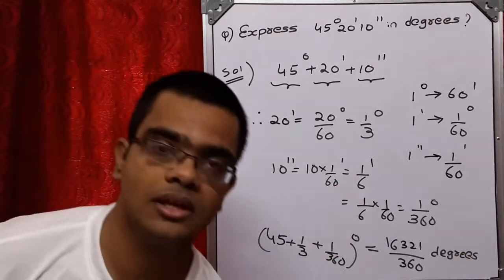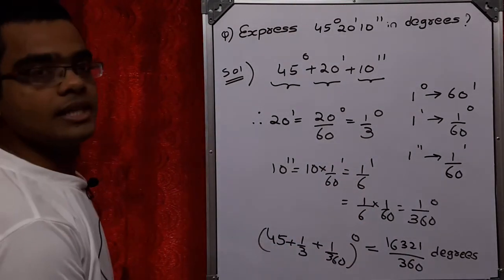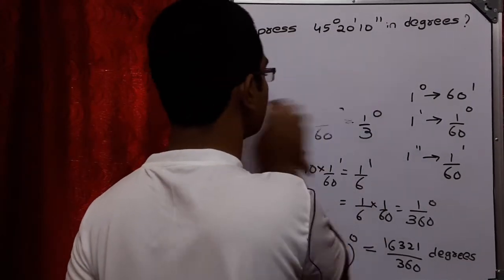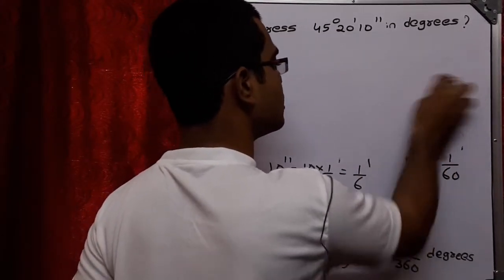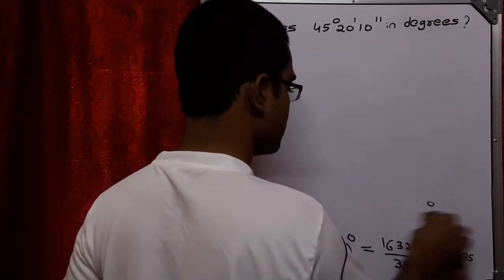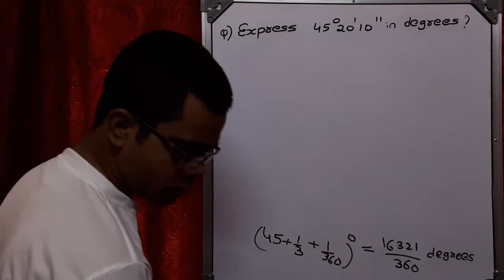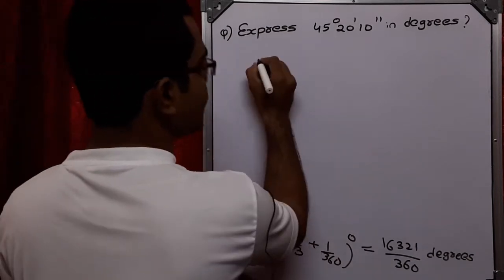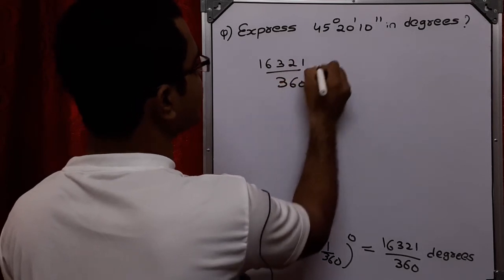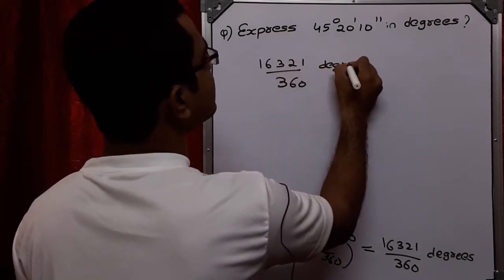Please note this down. So what answer we got is 16321 by 360 degrees. We need to convert this into radians.